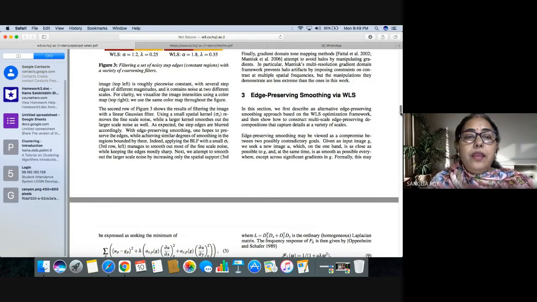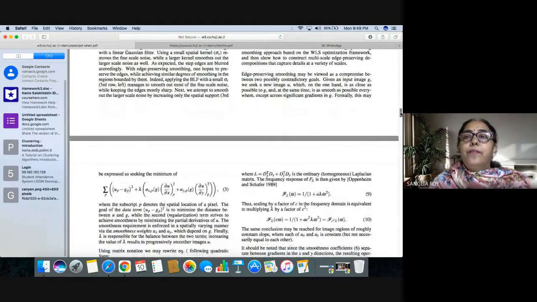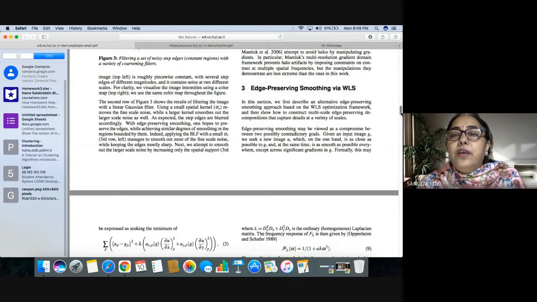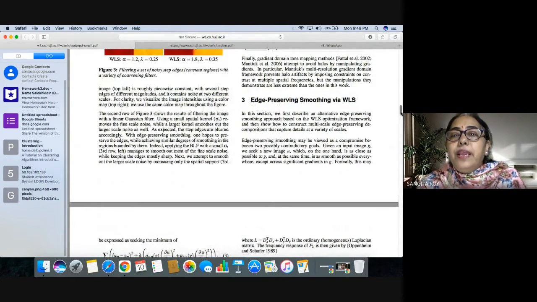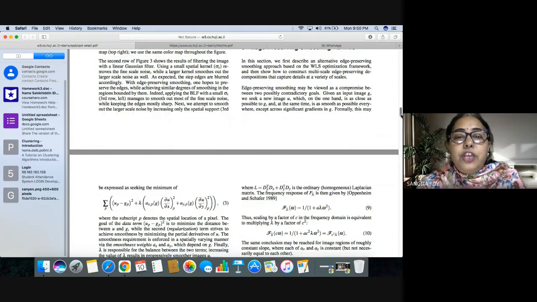Finally, it may be expressed as seeking to minimize the objective function, that is, the summation of (u_p minus g_p) whole square, plus lambda times (a_x(g) (del u/del x) whole square plus a_y(g) (del u/del y) whole square), where p denotes the spatial location of a pixel.